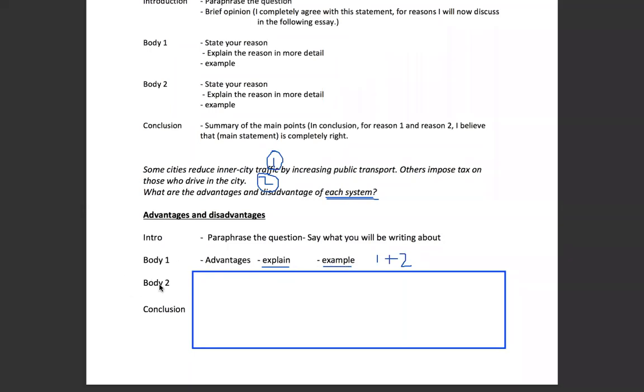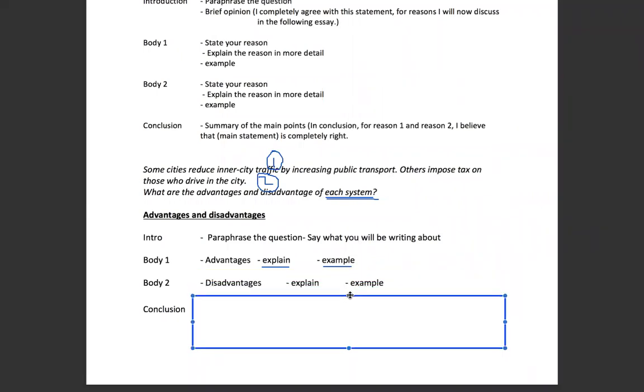What should we talk about in body 2? Anyone else? What should we put in body 2? All right, we should put the disadvantages.